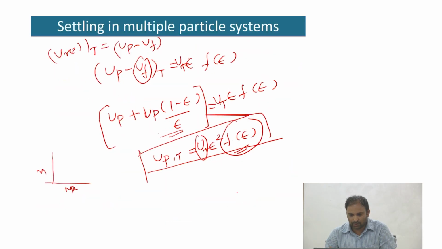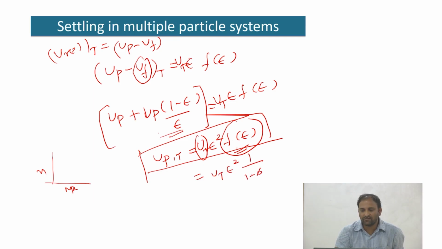Let me just go back to right here. So what I can do is write this as ut into epsilon square, into 1 divided by (1 minus phi) to the power of minus 2.5. I can write this as ut into epsilon square into (1 divided by 1 minus phi, which is your epsilon, that's the liquid fraction) to the power of minus 2.5.